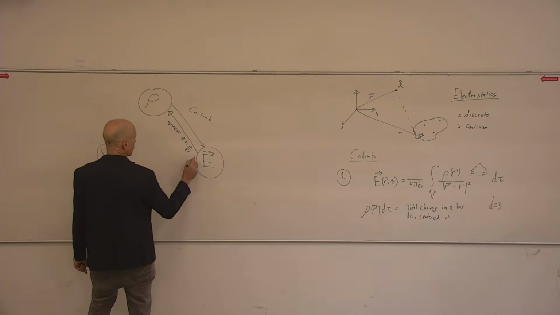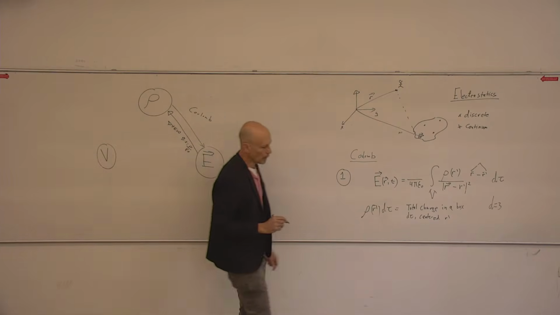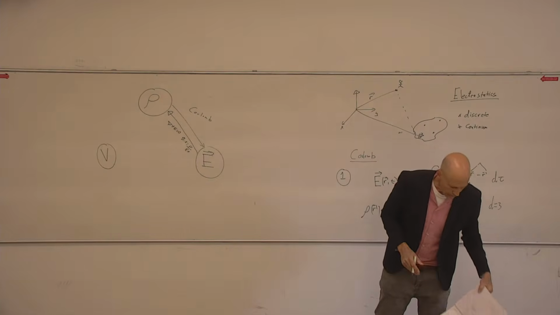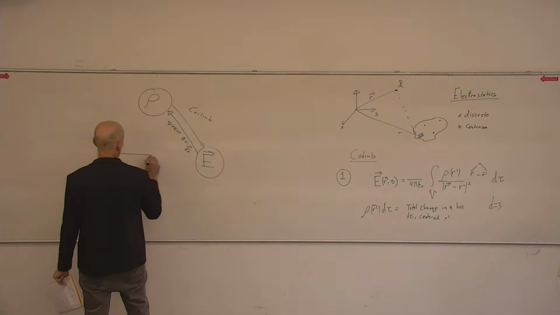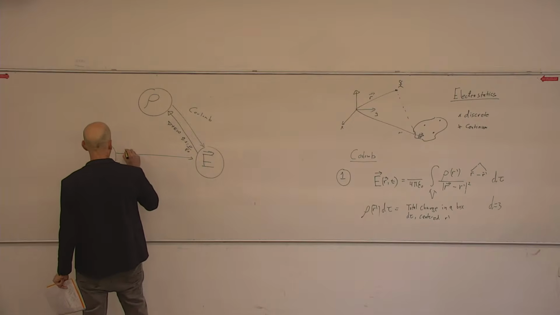And I can also go in other ways. That is, if I want to go from V to E, I explained this already. So E is equal to minus nabla V.